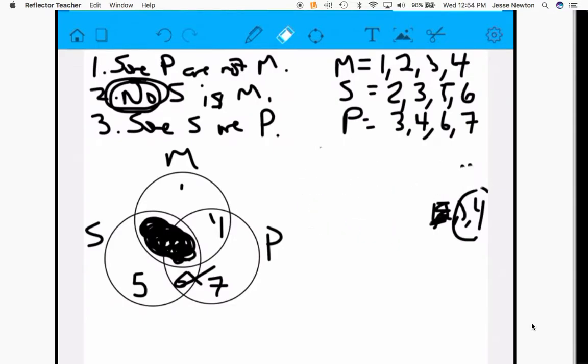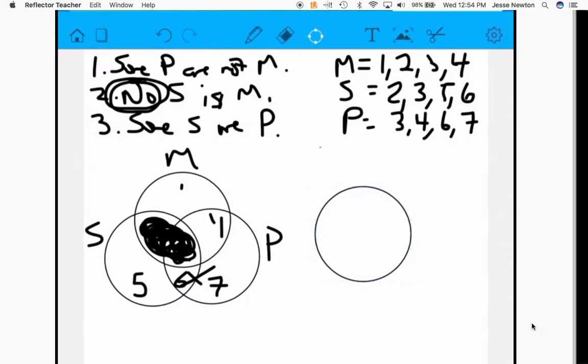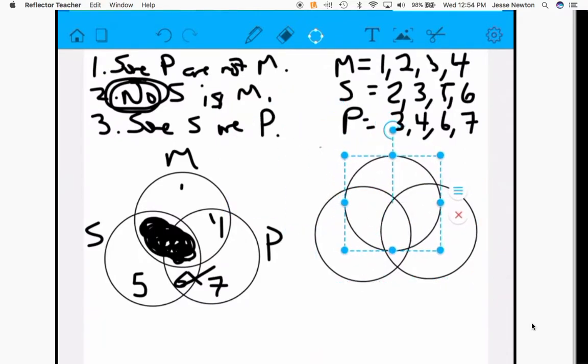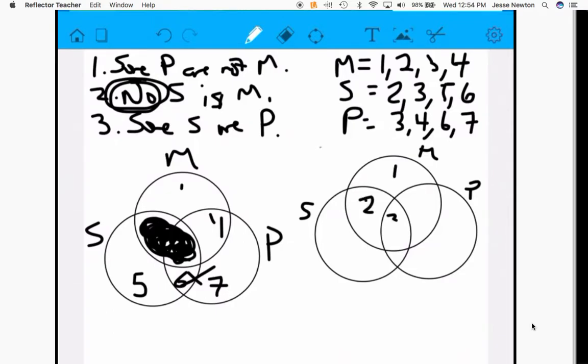Now, we come and we diagram our conclusion. And our conclusion is going to be just like all the other diagrams. S, M, and P. 1, 2, 3, 4, 5, 6, 7.